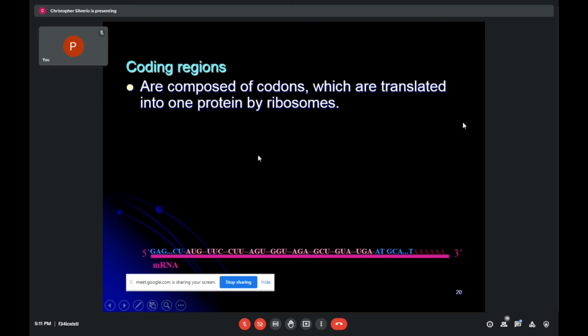It is composed of codons, which are translated into protein by ribosomes. So these are the codons. AUG, that is one codon. UUC, that is another. CUU. So the coding regions are composed of several codons.